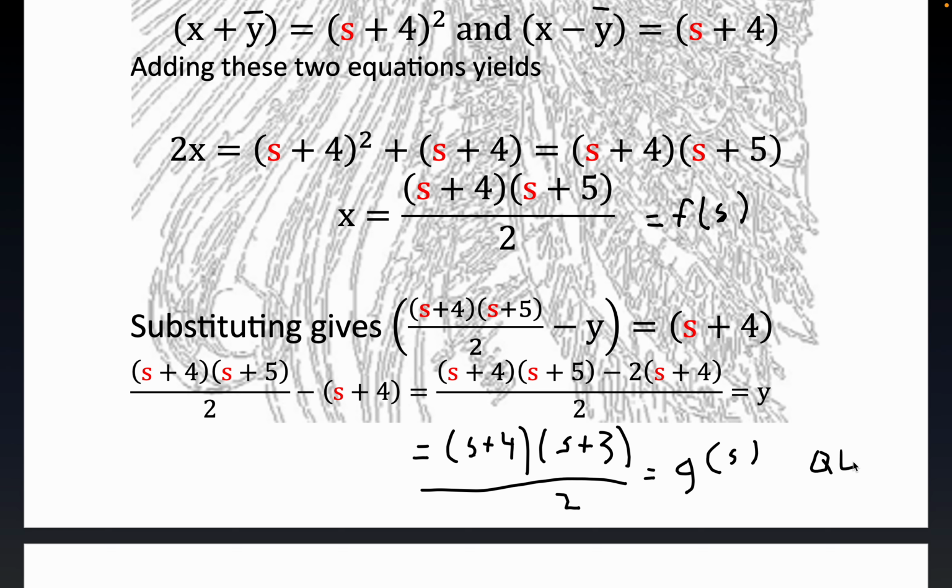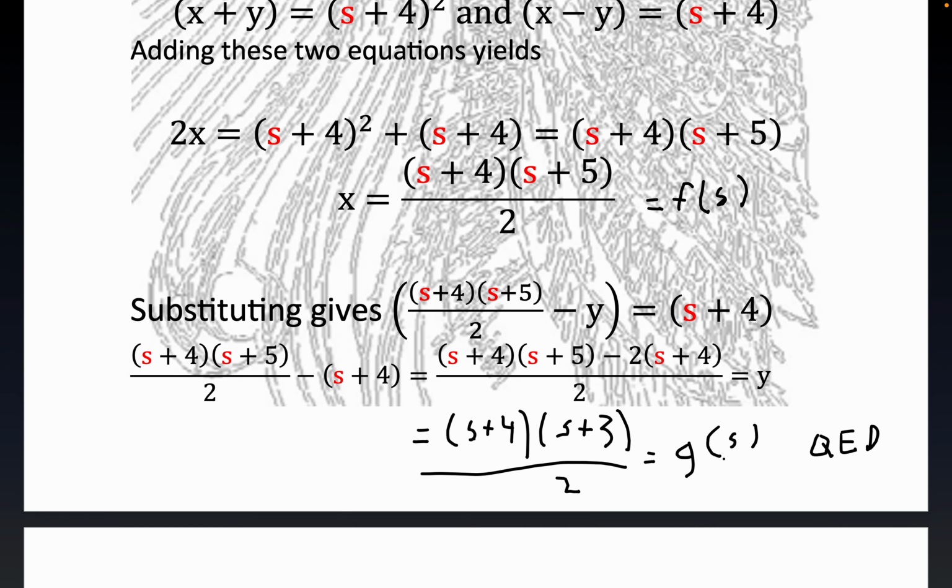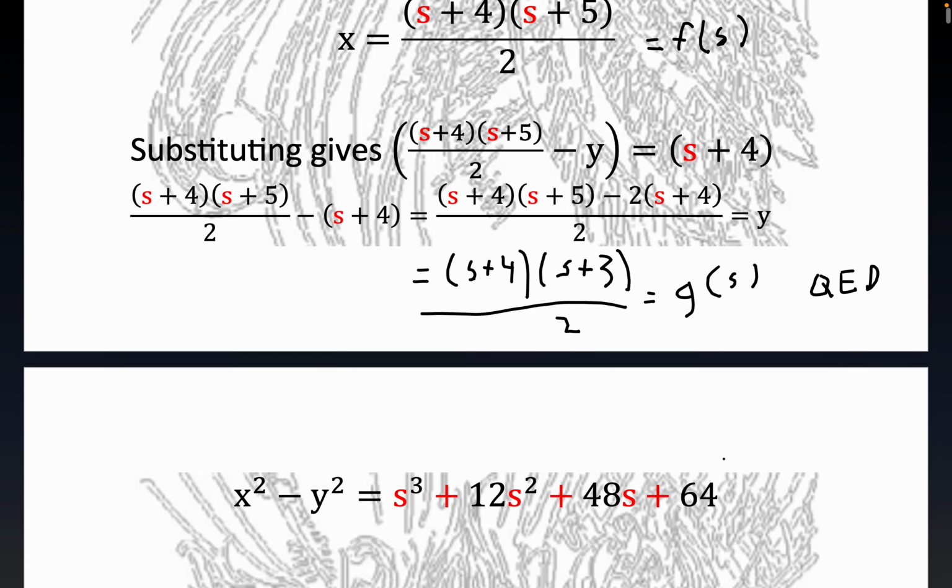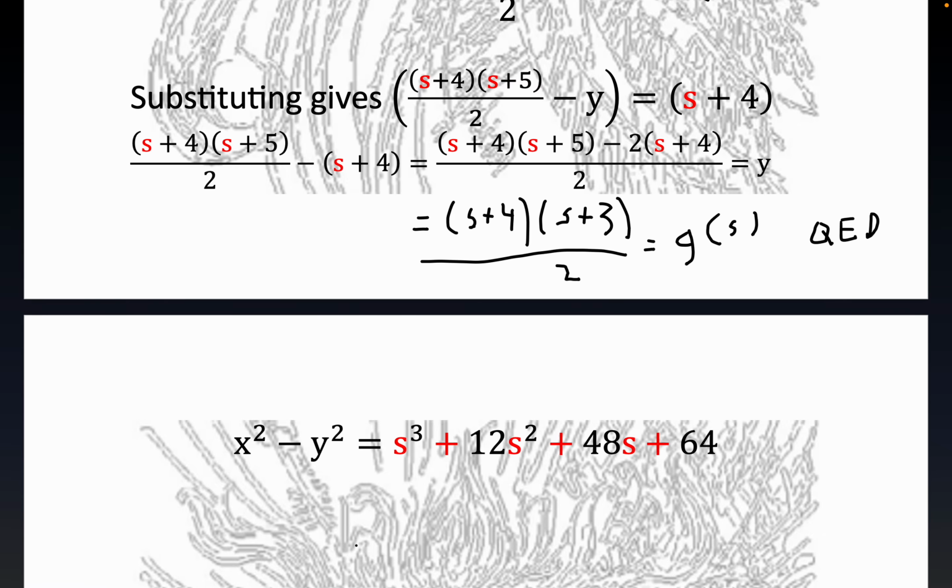But let's go ahead and work through a concrete example with these formulas. Now we have this formula here for x in terms of s, and this formula right here for y in terms of s. So let's do something kind of simple here, a sanity check.